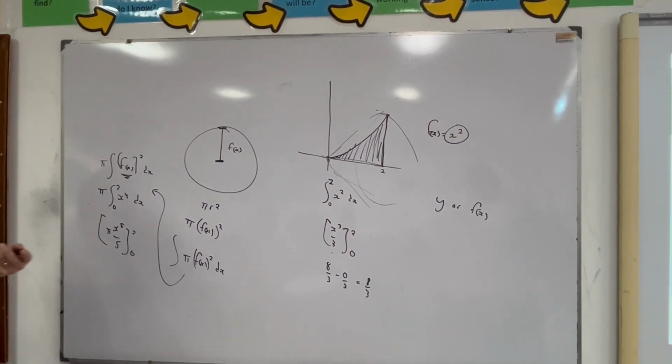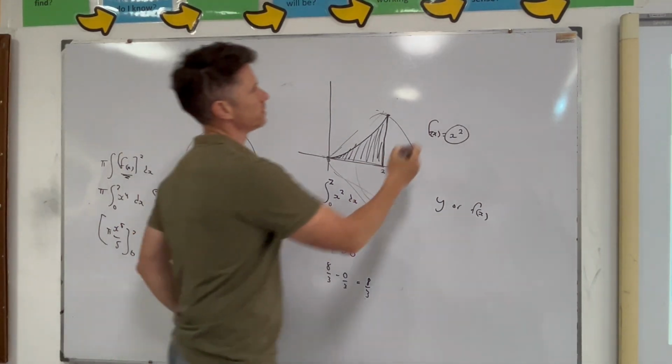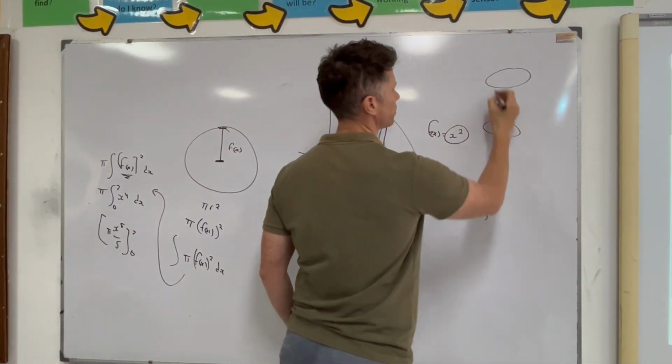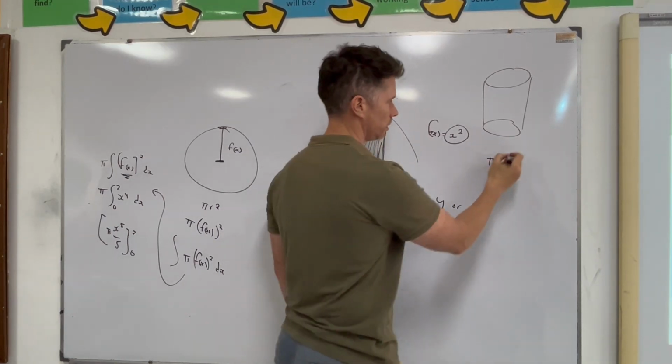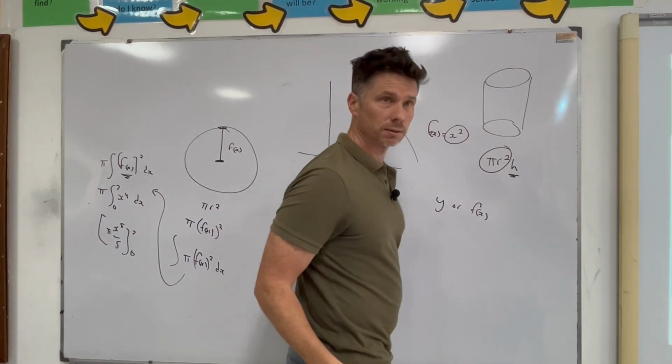So, as it spins around, it just creates a bunch of circles, and we have to add up those areas of circles. Because remember, the volume of a cylindrical prism is pi r squared h, the area just times the height.